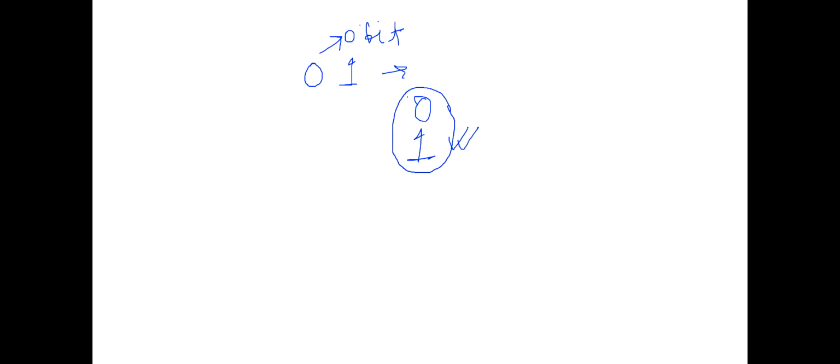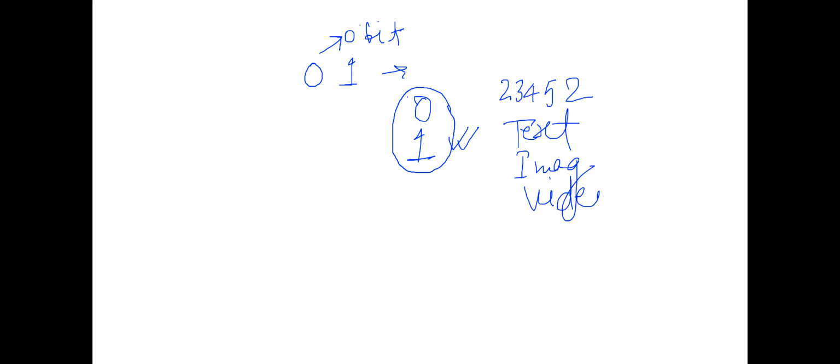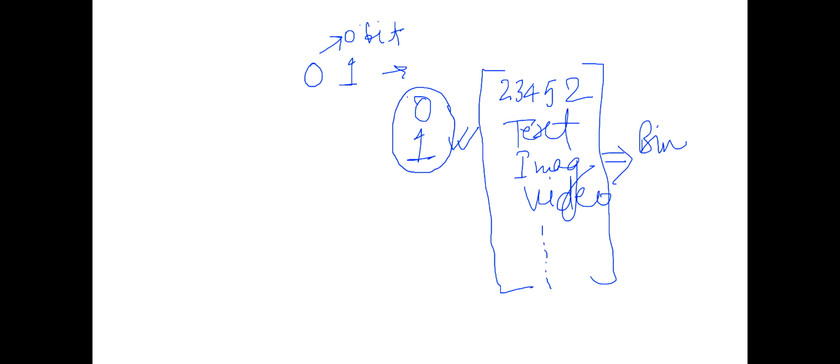Whatever number or text we write, whatever image, video, or any form of data we have, the computer finally converts it into binary form, which means the form of 0 and 1.